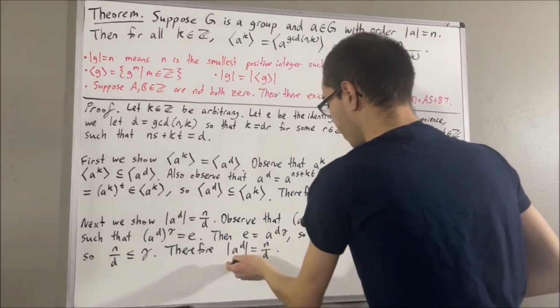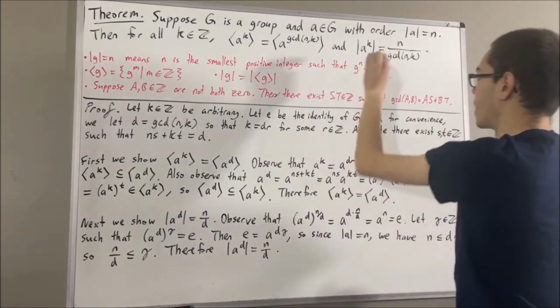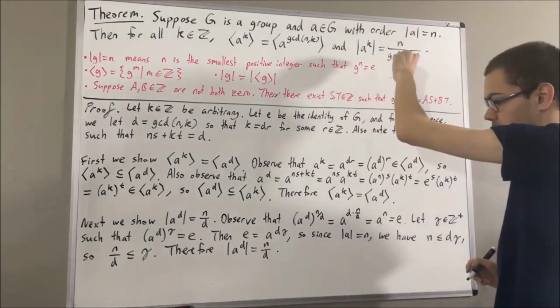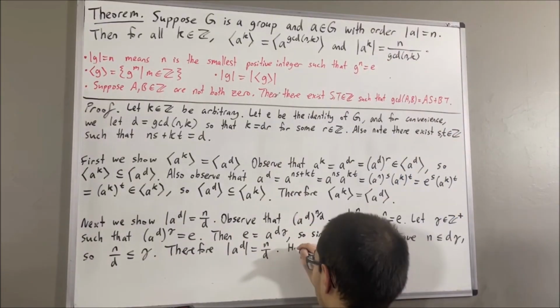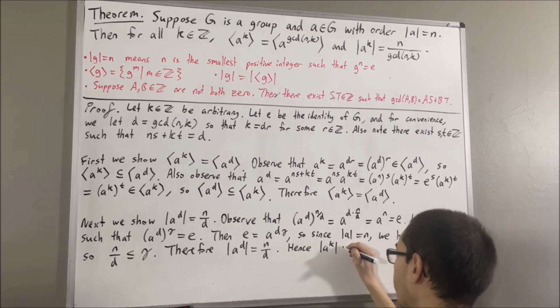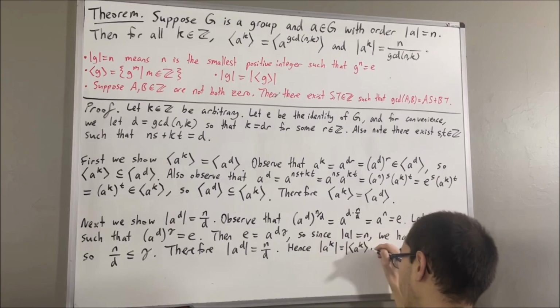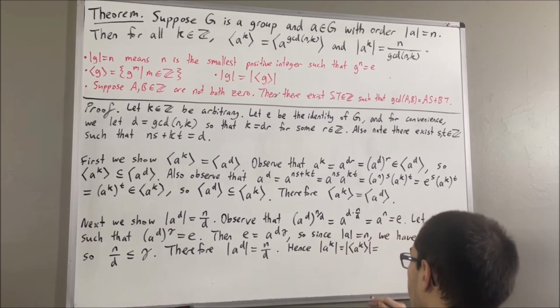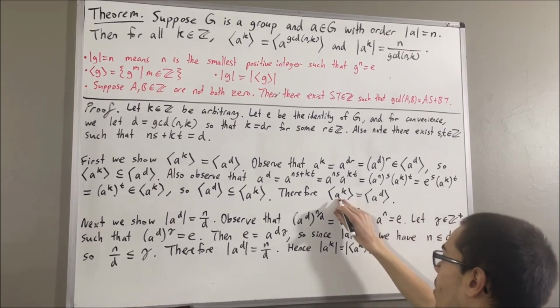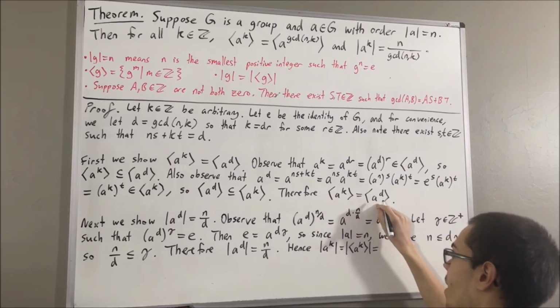But if you recall, this is sufficient to show that the order of a to the power of k is equal to n over d, because we know that the order of a to the power of k is equal to the order of the group generated by a to the power of k, but the group generated by a to the power of k is equal to the group generated by a to the power of d.